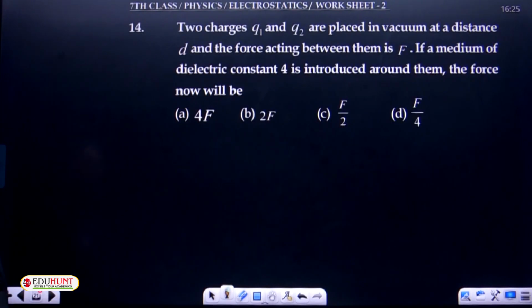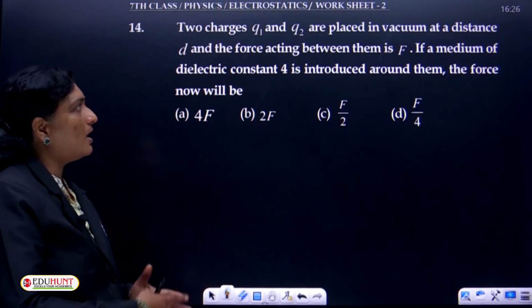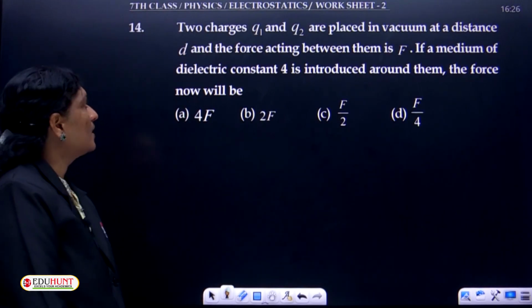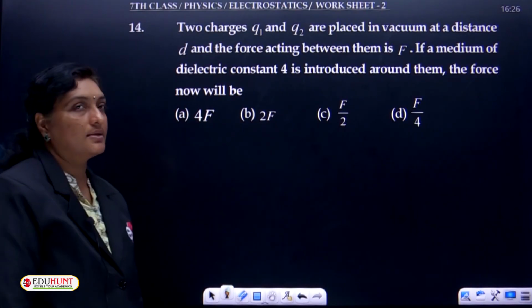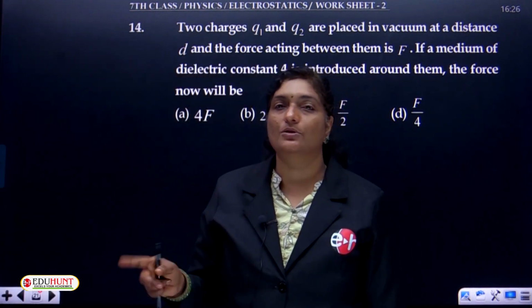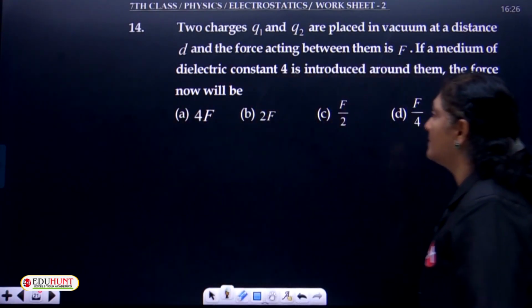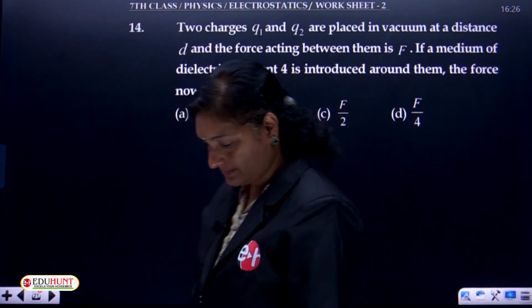So moving to the next question, the 14th one. Two charges Q1 and Q2 are placed in vacuum at a distance D, and the force acting between them is F. If a medium of dielectric constant, epsilon M equals K times epsilon naught, where K is called the dielectric constant and is given as 4, is introduced around them, the force now will be?